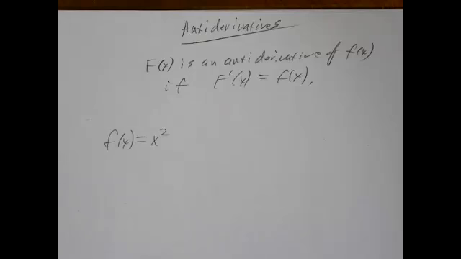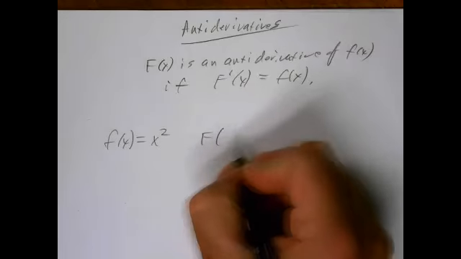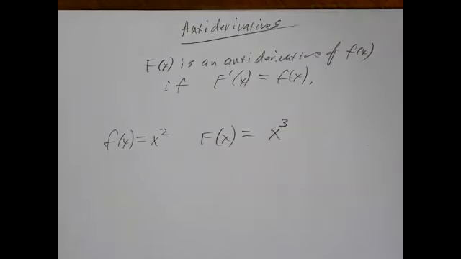So if taking a derivative drops the power by 1, then it would only be logical to assume that the antiderivative would raise the power by 1. So an antiderivative of x squared must involve an x cubed.